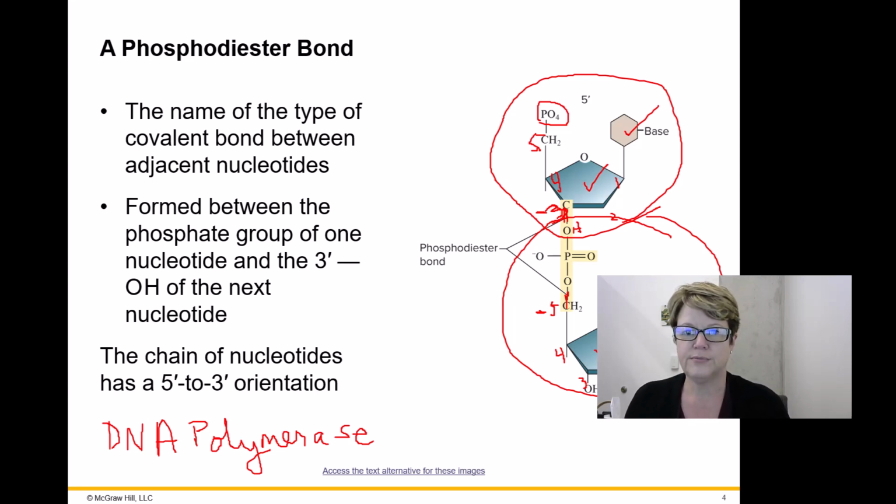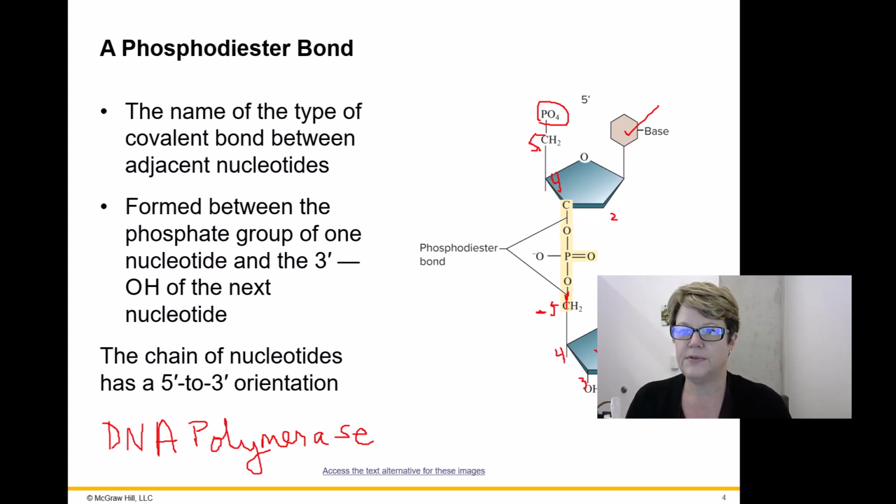So you'll remember a little bit about dehydration synthesis. And then when that all happens, then these are connected. So when that reaction is completed, then these two nucleotides are now joined together. And what you can see is there's another hydroxyl group here.